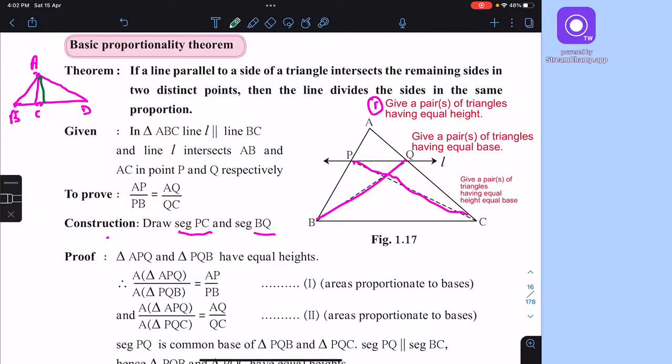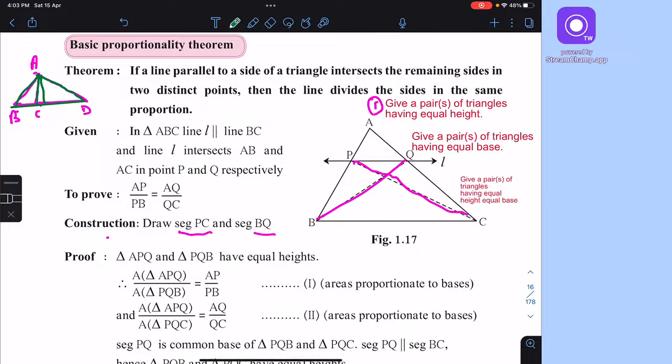This is the height of all three triangles. That is, in general, if the bases of the triangles are on the same line and the vertex is the same, A is the same vertex, then the triangles have the same height.